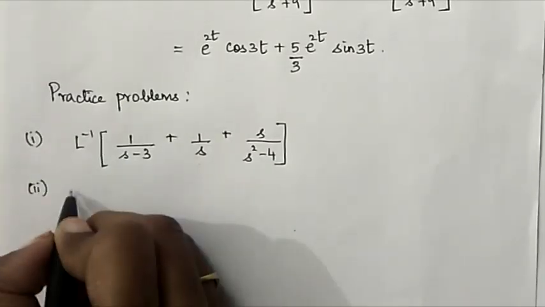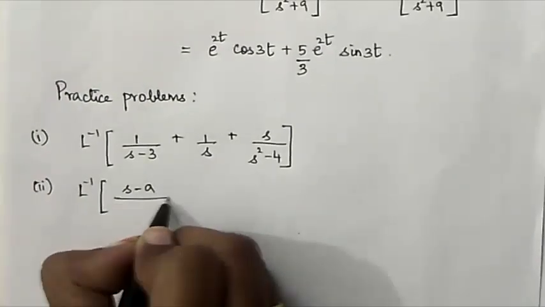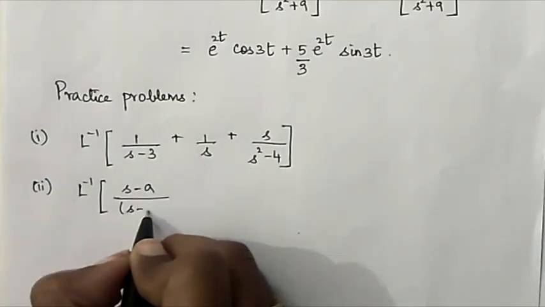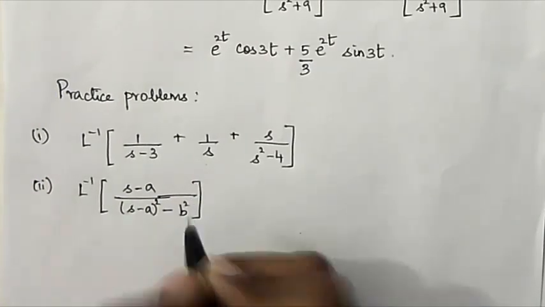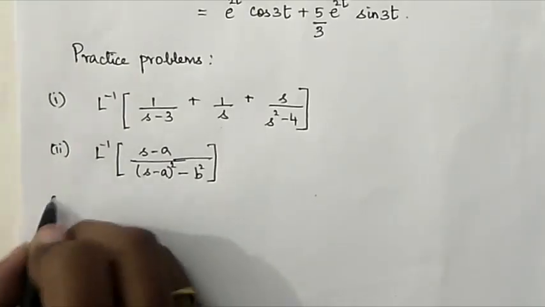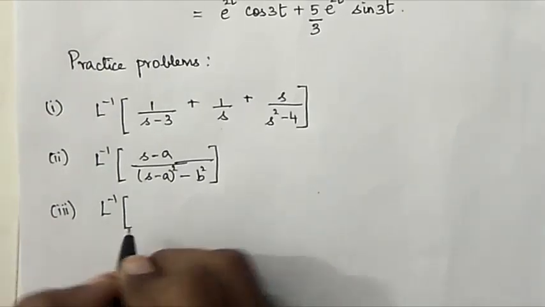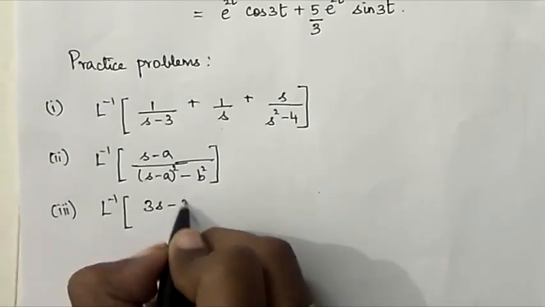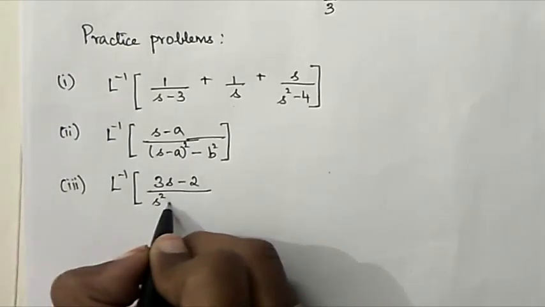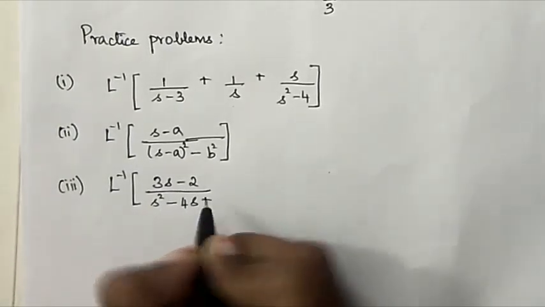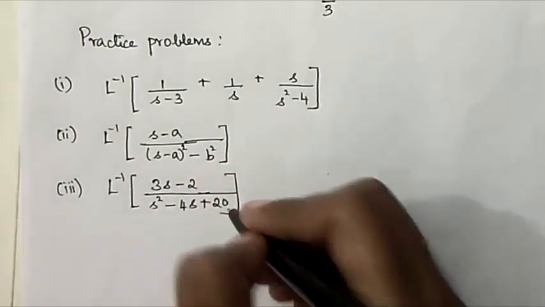Second, finding L inverse of s minus a divided by s minus a the whole square minus b square. And thirdly, finding L inverse of 3s minus 2 divided by s square minus 4s plus 20. You can try these as practice.